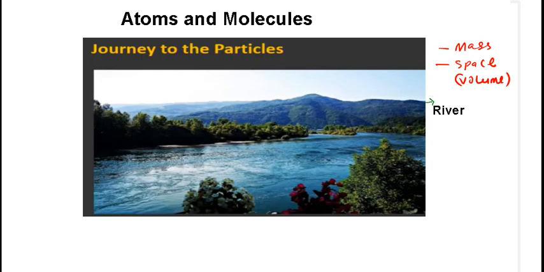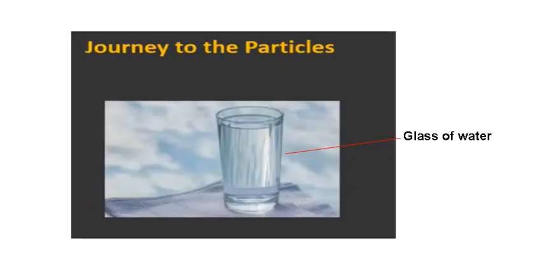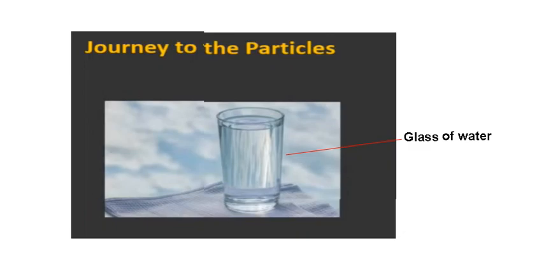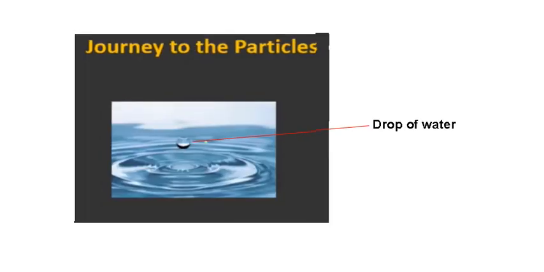From this river here, we can come down to a small glass of water. This is a glass of water. From this glass of water, we can go smaller to drops of water. So this is a drop of water made up of tiny particles called molecules.